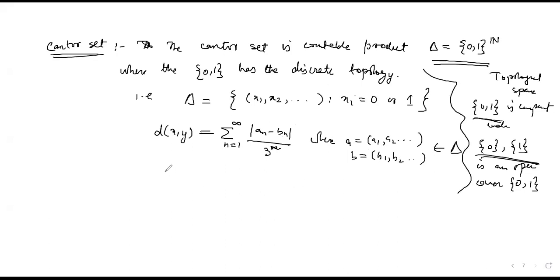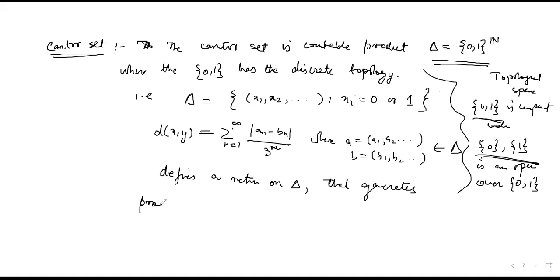This defines a metric on delta that generates the product topology, meaning its open sets are exactly the product open sets. So I will clarify it: it generates the product topology on delta.